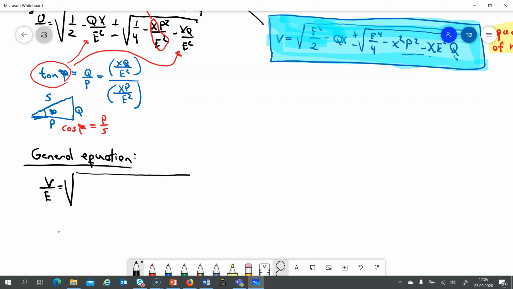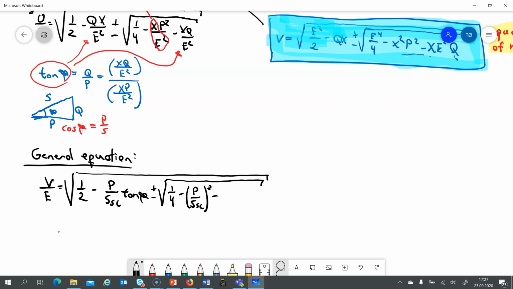Finally, V equals half minus P, one, 4, like this.